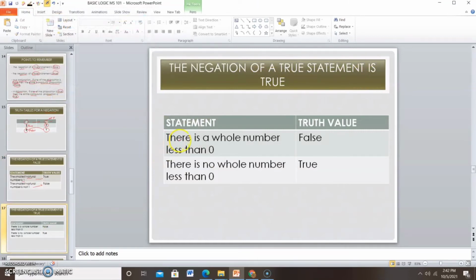There is a whole number less than 0. Automatically, that is false. Then, there is no whole number less than 0. That is true. That is one of the examples of negation.